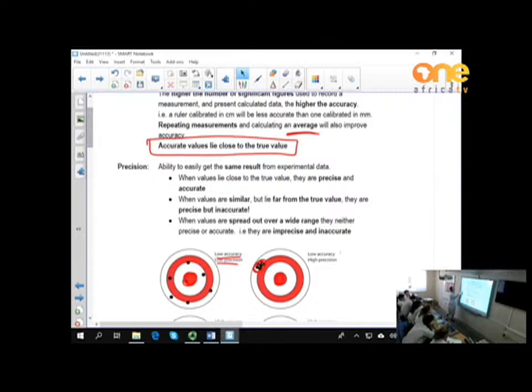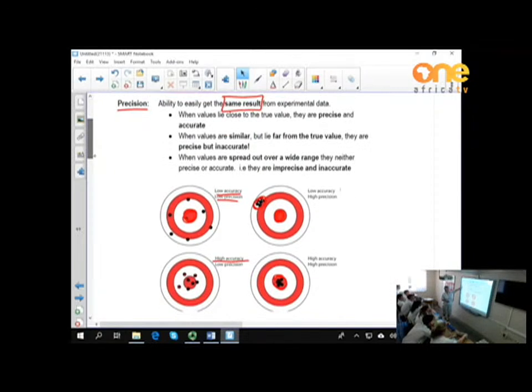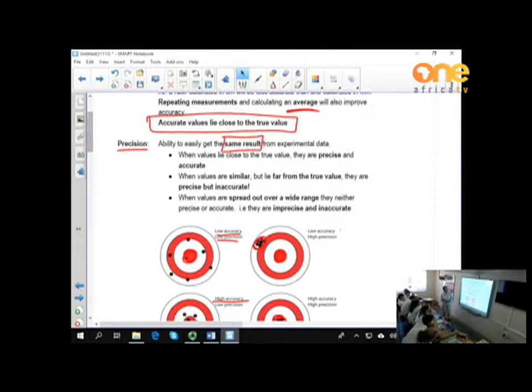So here we have precision, the ability to get the same result from experimental data. When values lie close to the true value, they are accurate and precise.